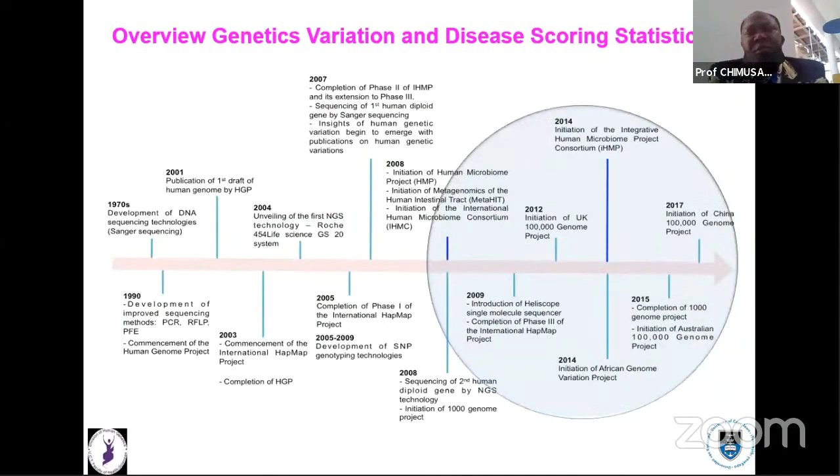So this is a little bit of history of where we come from, with how DNA data has been generated and how the data started to increase, and a lot of consortia have been built over time to generate a lot of data just to understand genetic variation.